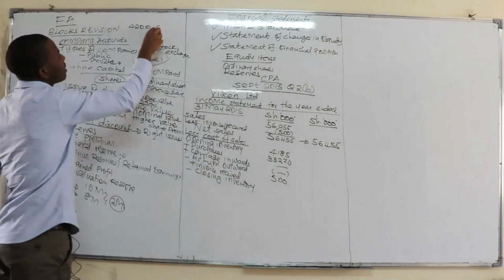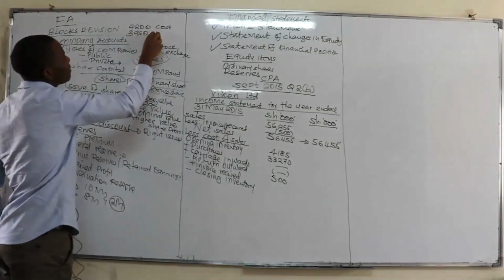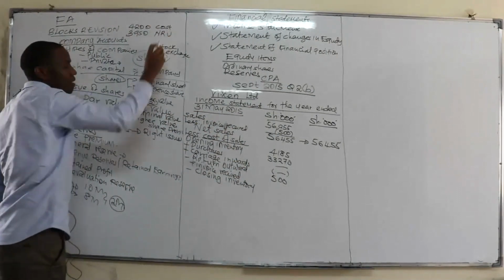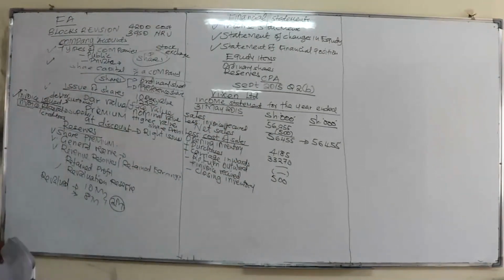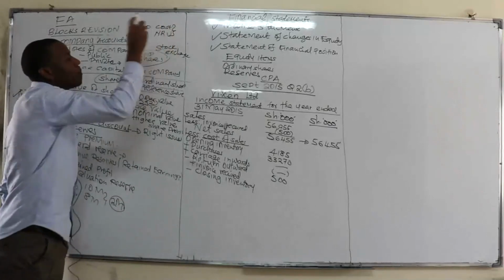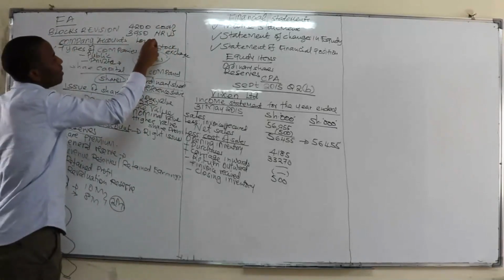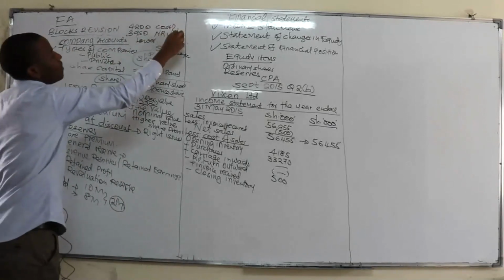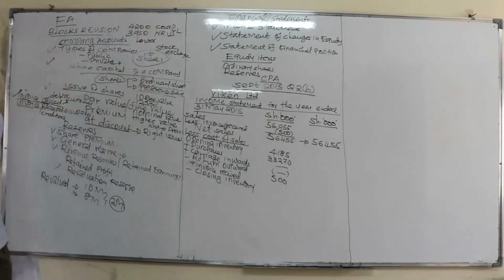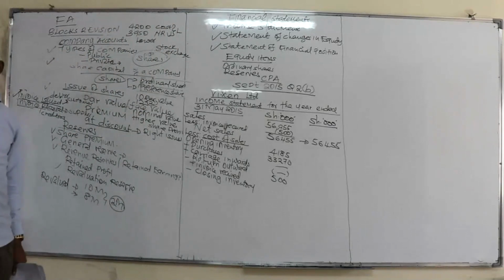So this is now the cost, and then 3950, which in this case is the net realizable value. Now, when you are valuing stock, stock is normally valued at the lower of either the cost or the net realizable value. Whichever is lower is what you take as the closing inventory.